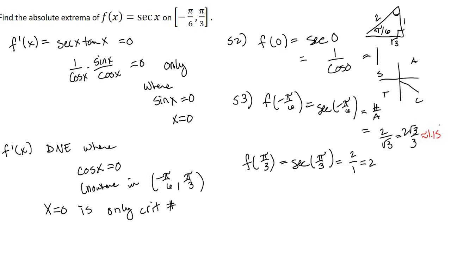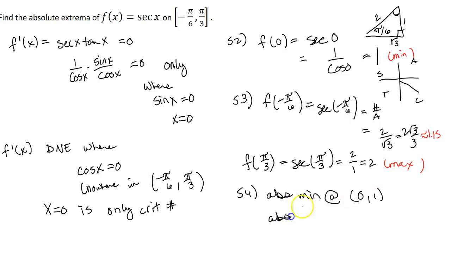So you can see from the 3 values that we have that the 1 would have to be the minimum, the 2 would have to be the maximum. So for step 4, we have an absolute minimum at the point 0, 1, and we have an absolute maximum at the point pi over 3, 2. So one of the extrema is an endpoint extrema and one of them is interior.